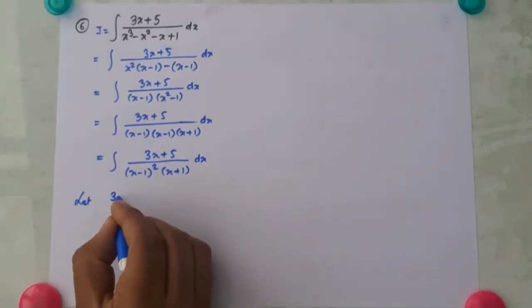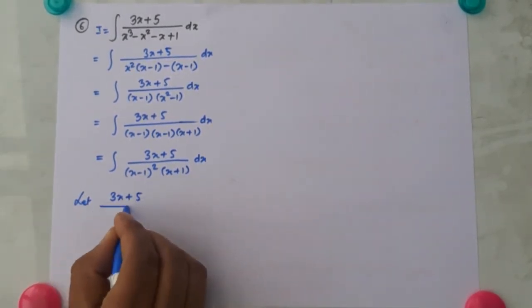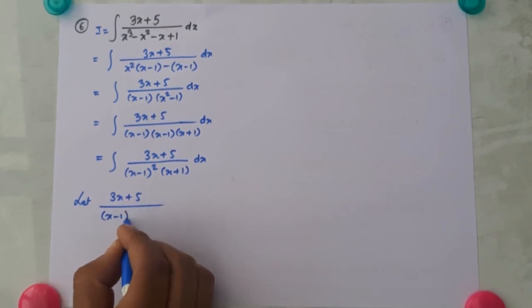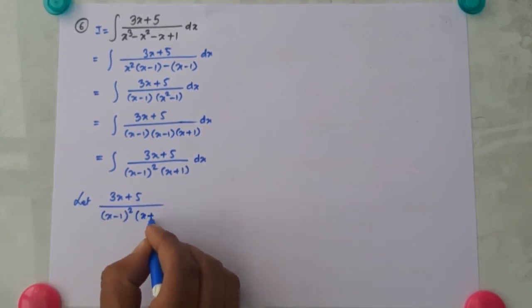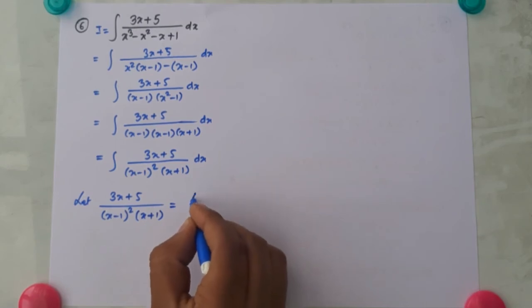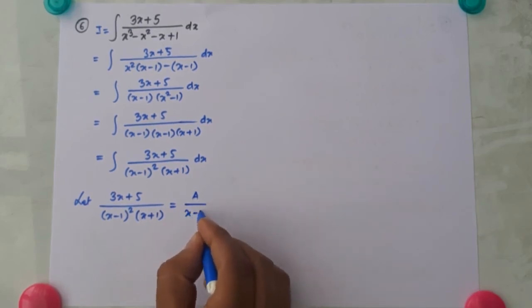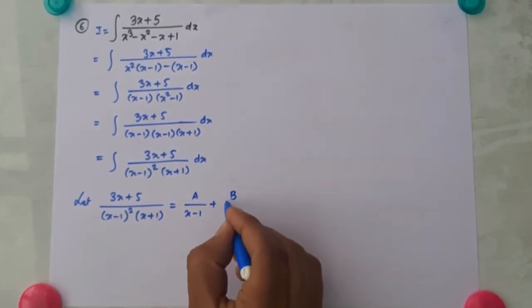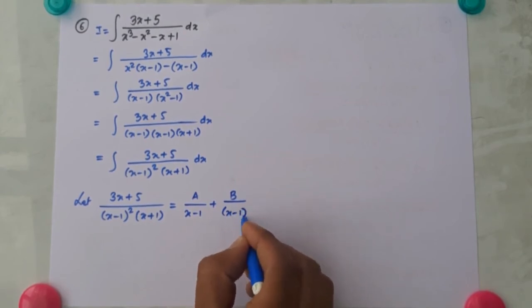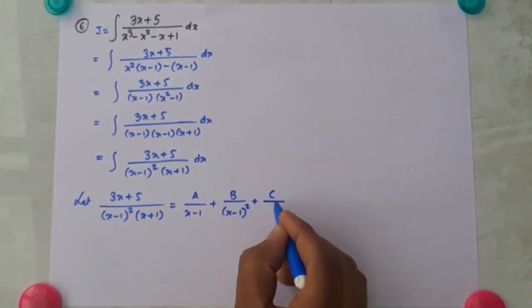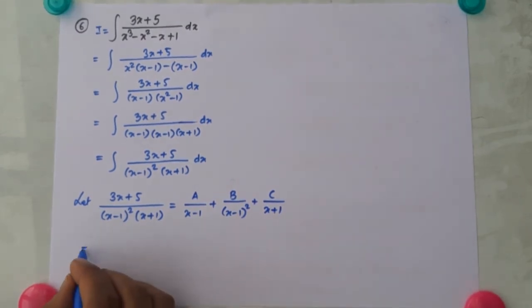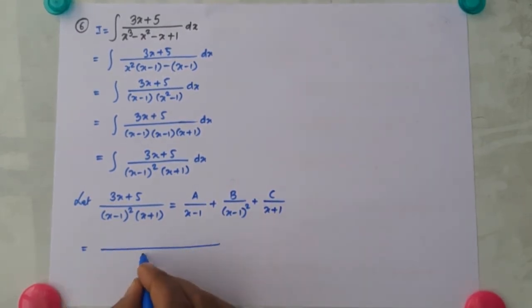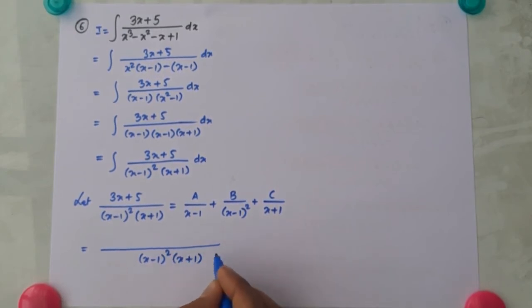Let 3x plus 5 divided by x minus 1 whole square into x plus 1 be a by x minus 1 plus b by x minus 1 whole square plus c by the remaining factor, that is x plus 1. Okay, so LCM is x minus 1 whole square into x plus 1.